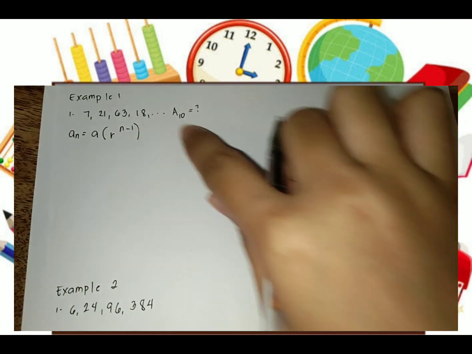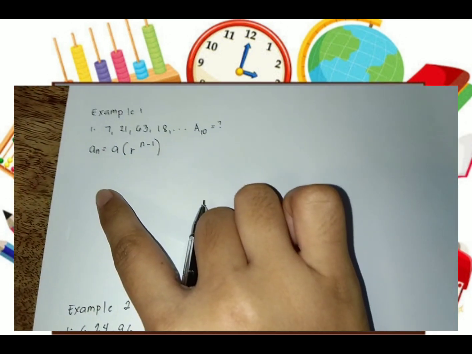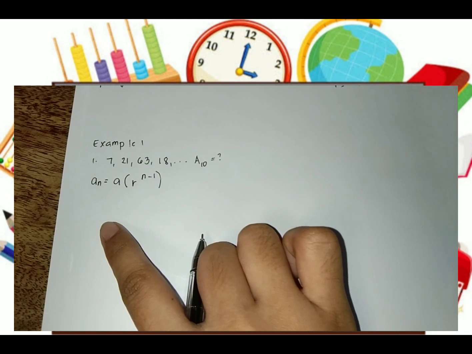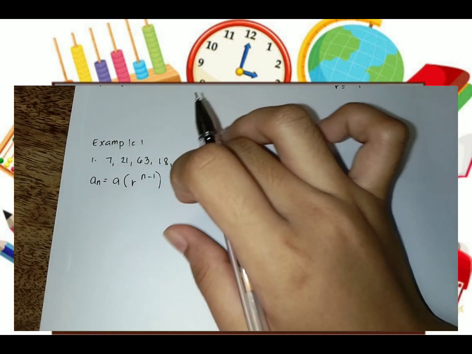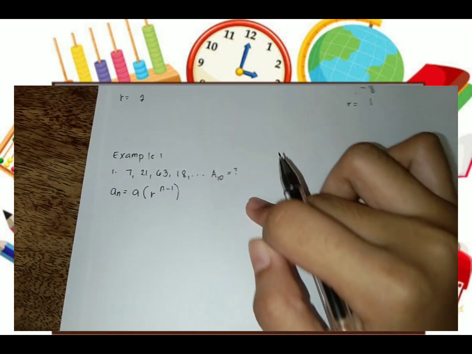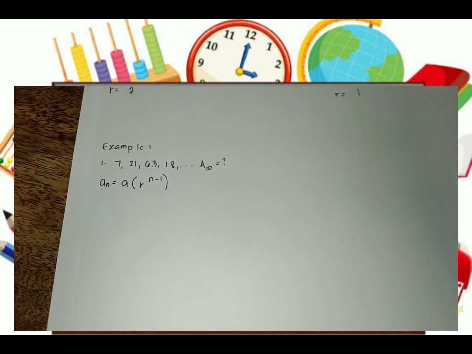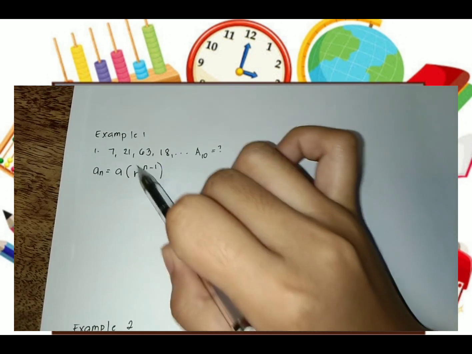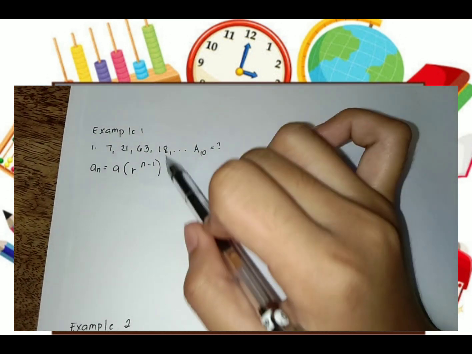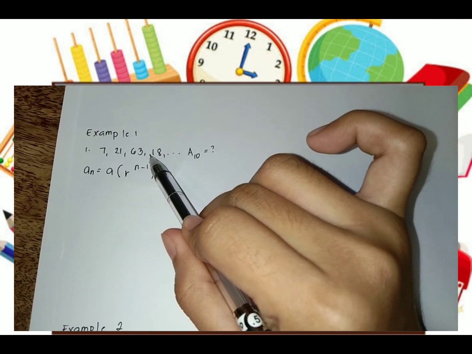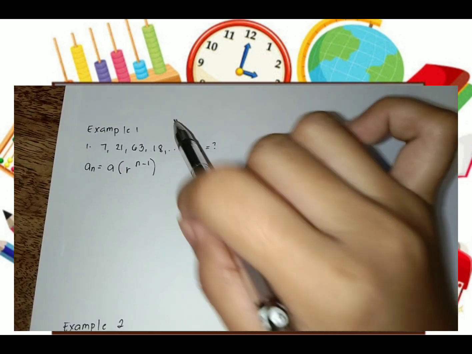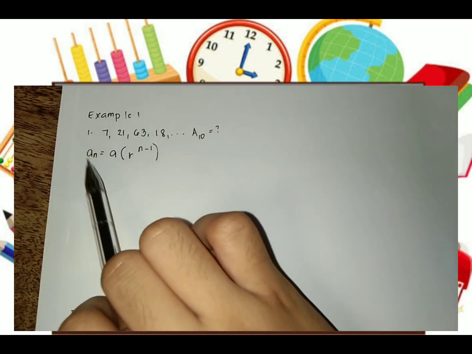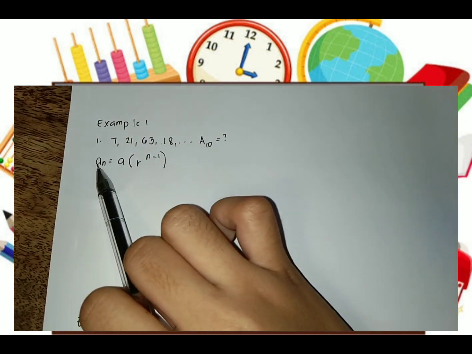So this is the formula in finding the last term of a geometric sequence. a is our first term, r is our ratio, and n minus 1 is the position of the term that is being looked for. So a sub n is our last term.